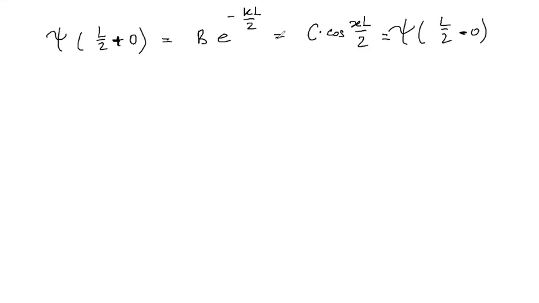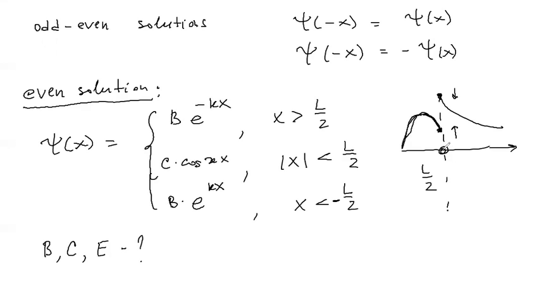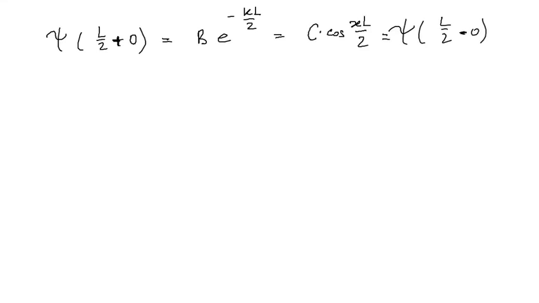I should adjust B and C in such a way that when you approach L over 2, you come to the same point. Well, I hope this makes sense. Sometimes people introduce a difference between this as a jump.